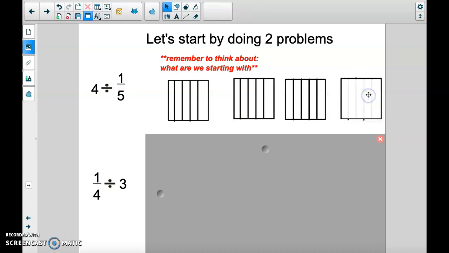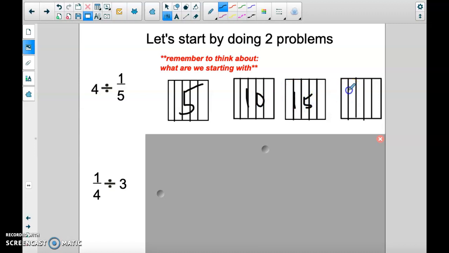I've split my 4 wholes into fifths, right? And now I'm simply just going to count, okay, how many 1/5 are there in 4 wholes? So here I know that there's 5, and then 10, 15, 20. Right? So my answer here would be 20, not 1/20th.